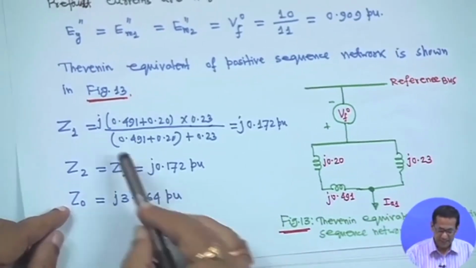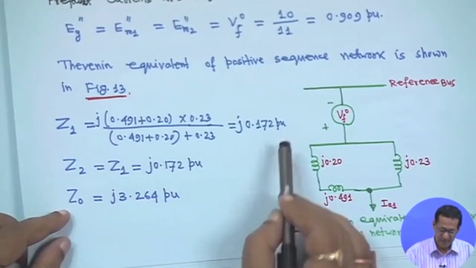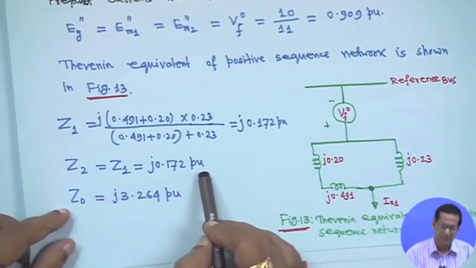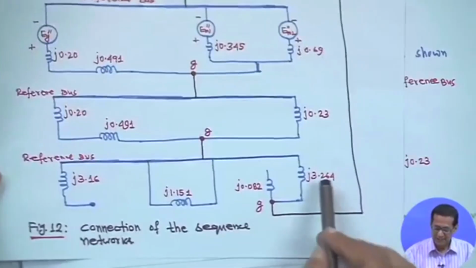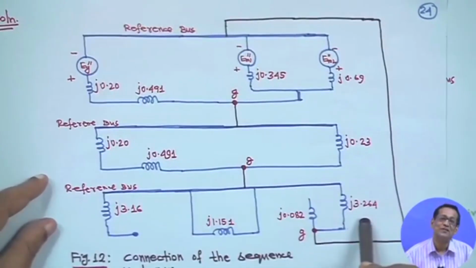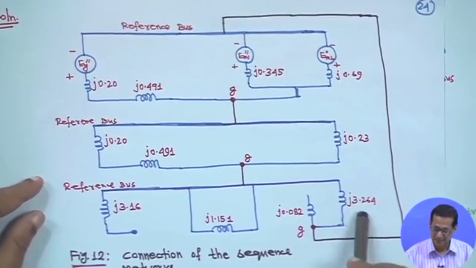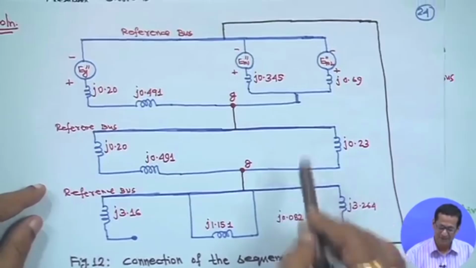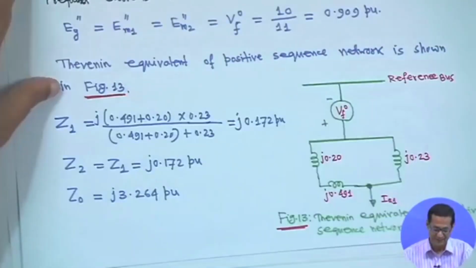Then Z1 will become j0.172 per unit, Z2 equal to Z1 will be j0.172 per unit, and Z0 is equal to j3.264. All these parameters have been computed for example 4 in symmetrical components. We take all parameters, although some will not be required for this kind of fault, which occurred at point G.